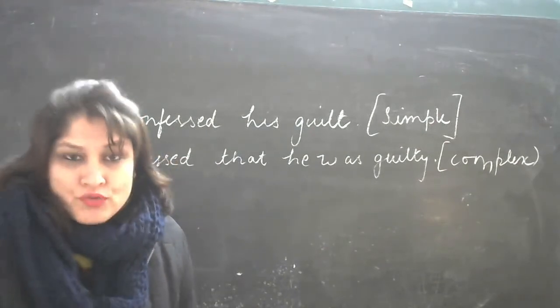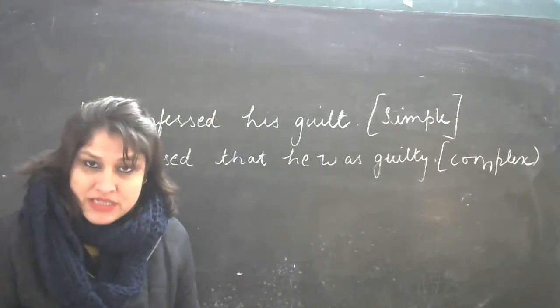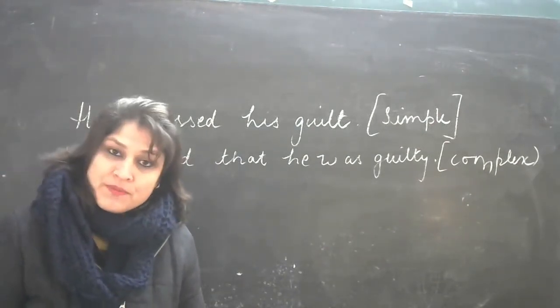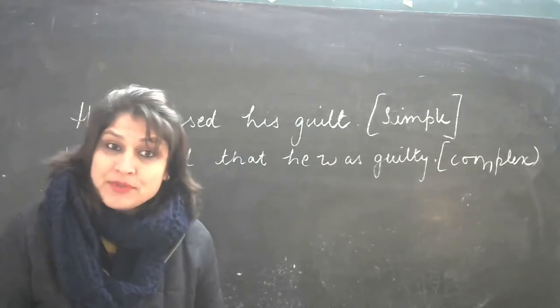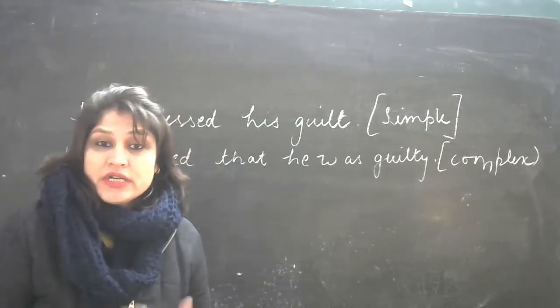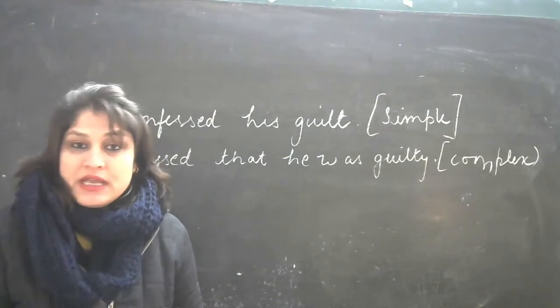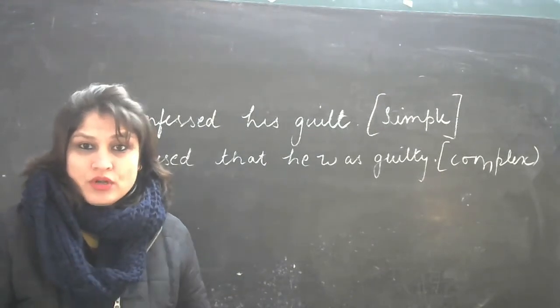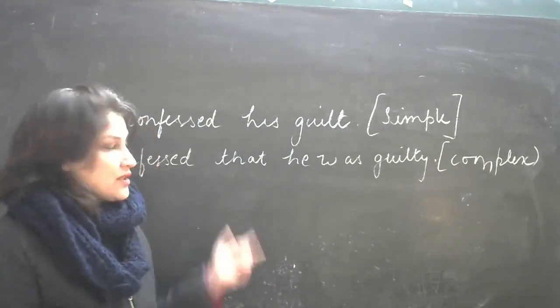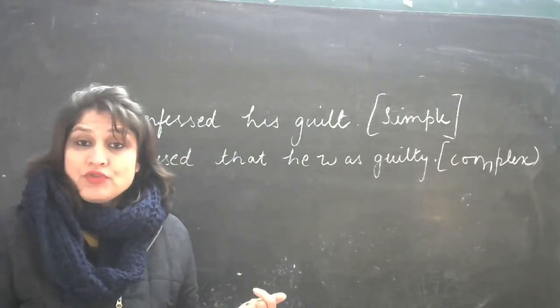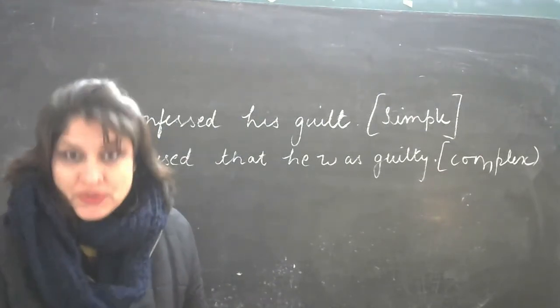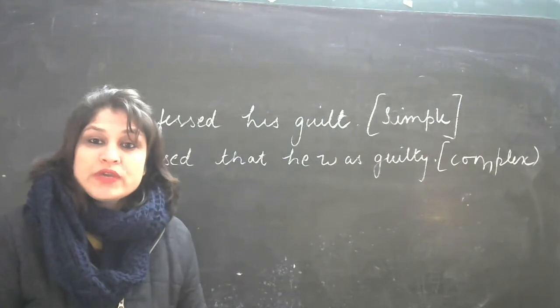I'm sure you know what clauses are. We've done that chapter in the second term itself. There's a proper chapter on clauses. We have already done noun, adjective, adverb, and preposition, all these clauses. So make sure that you revise that chapter if you have any doubts with it. And there's a video as well.